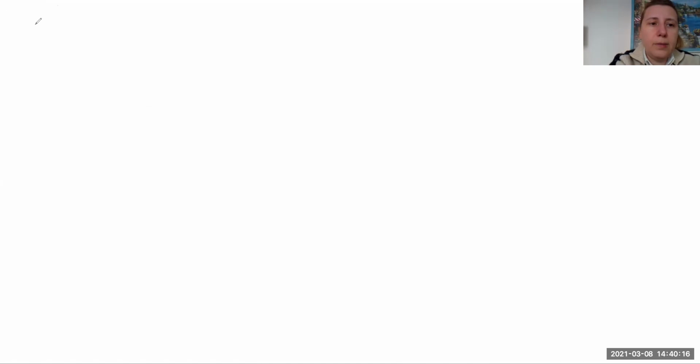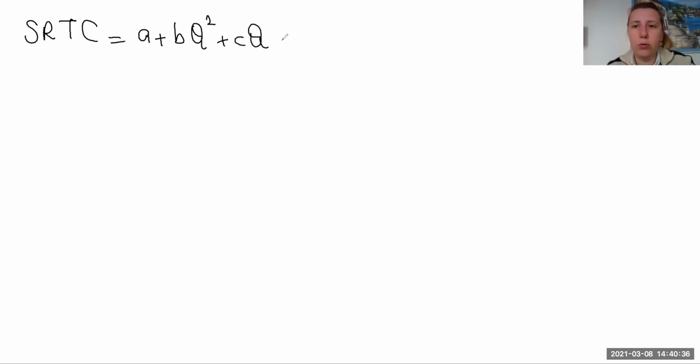So suppose that a short run total cost function is given as A plus B Q plus C Q squared plus D Q cubed.